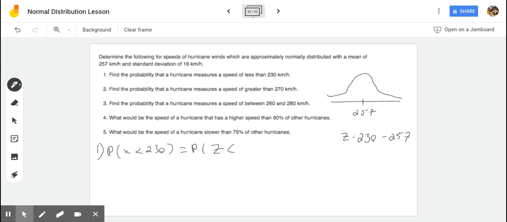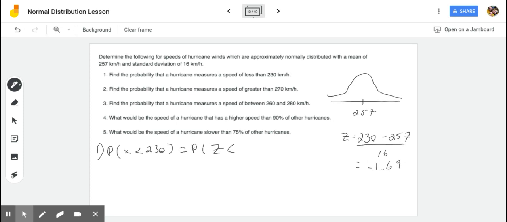I don't need it for that, but we do need it to divide by 16. 230 minus 257 is negative 27. Then divided by 16 is negative 1.6875, but we can round it to the nearest 2 decimal places.